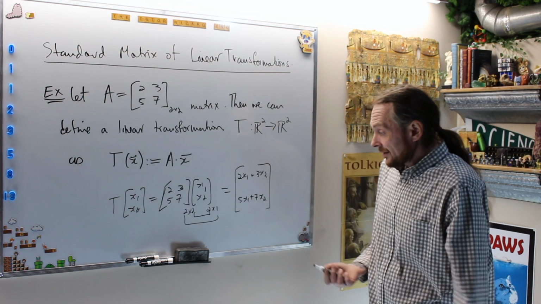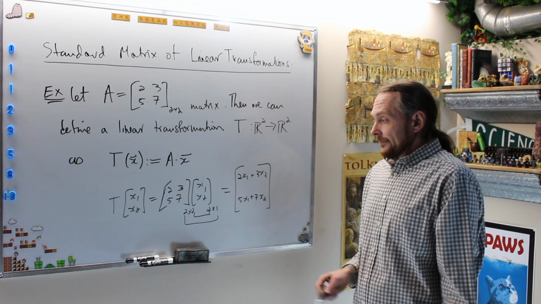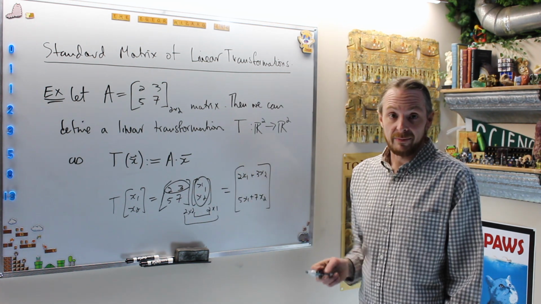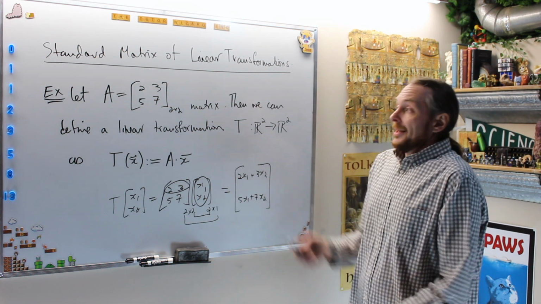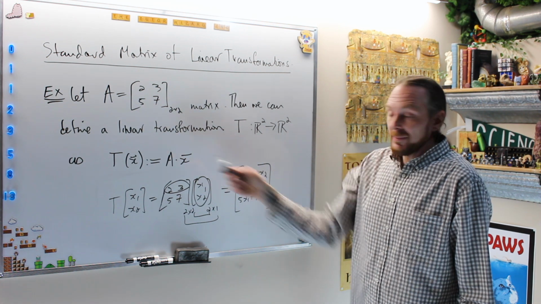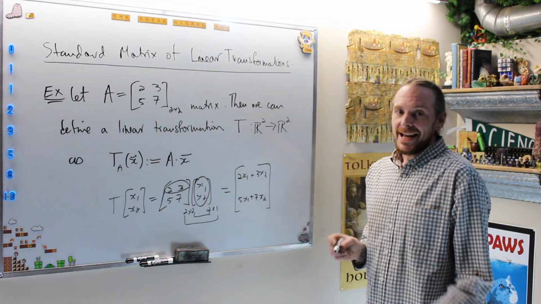This is how Gauss sees matrix multiplication. Row i dot product column j is the ij-th entry of matrix multiplication. Good. Given a matrix, I can create a linear transformation from that by defining T in terms of A.